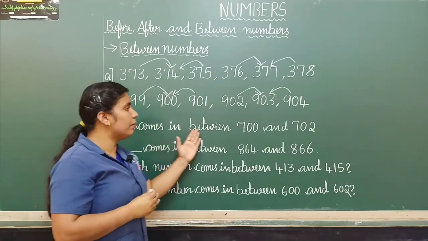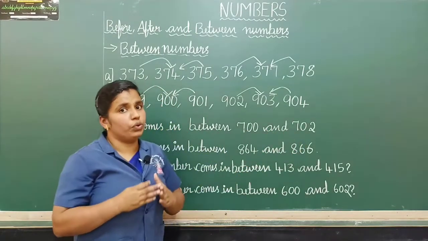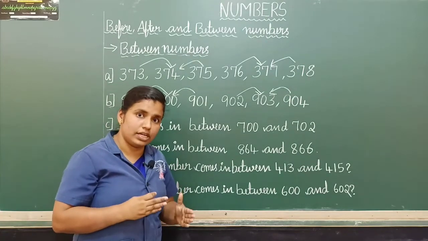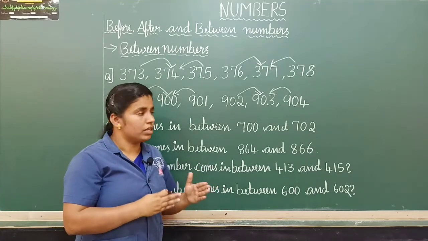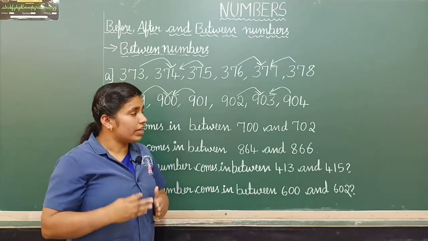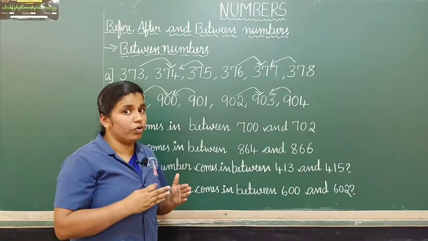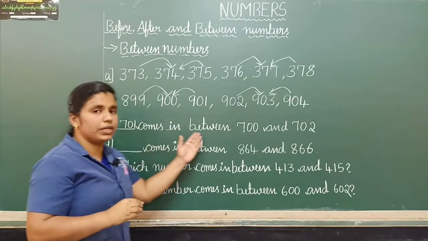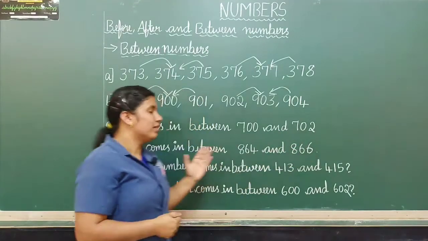Dash comes in between 700 and 702. You know 700, 701, 702, 703. These are the order of numbers. So here 700, 701, 702. Therefore 701 comes in between 700 and 702.